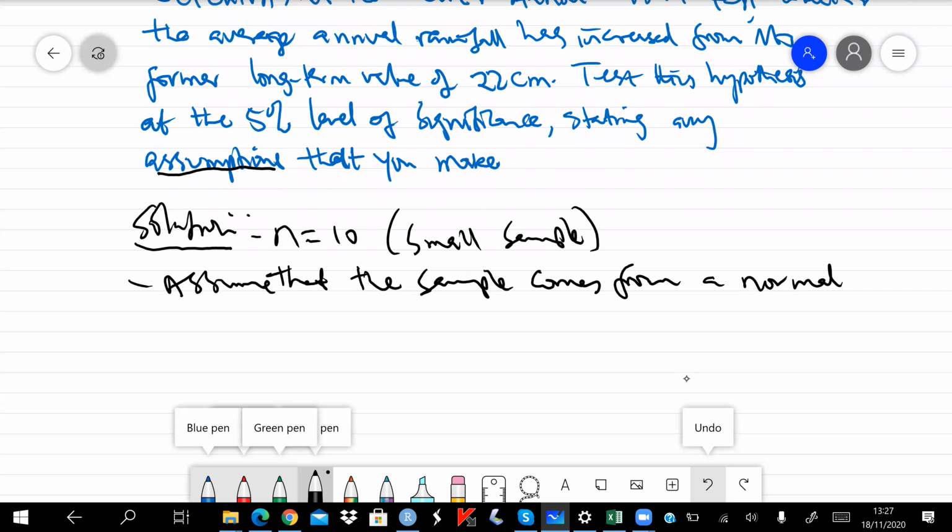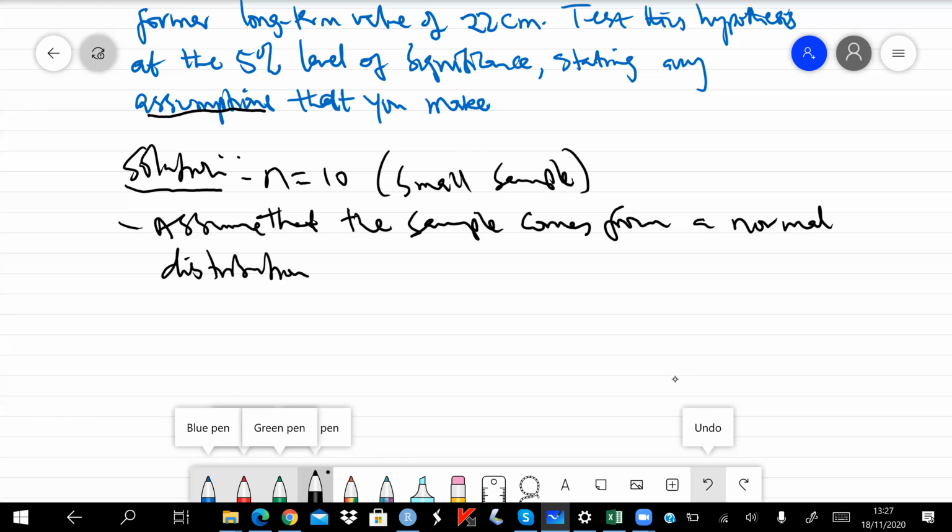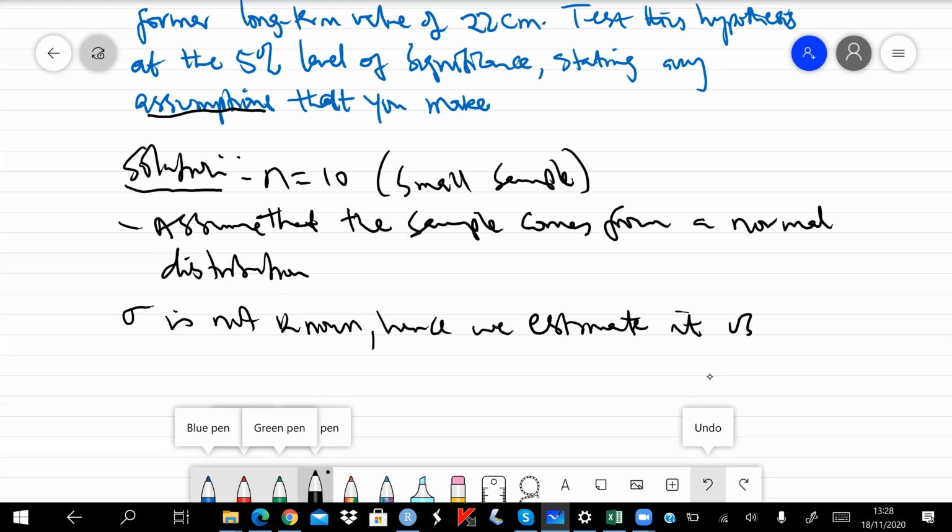Assume that the sample comes from a normal distribution. That is what will help us to use a t distribution. Then we notice that sigma is not known. Hence, we estimate it using the sample standard deviation.